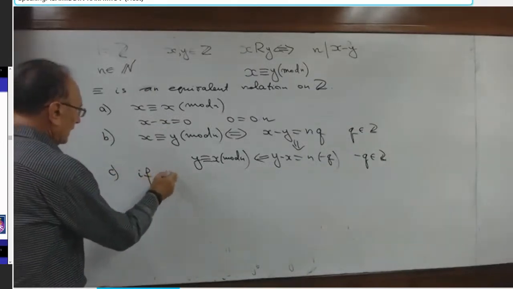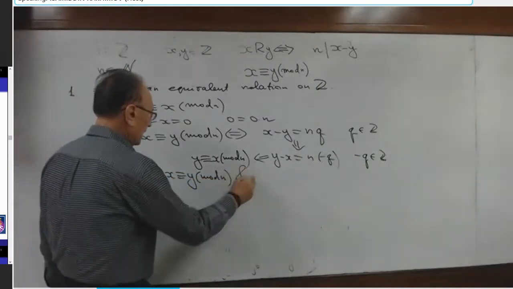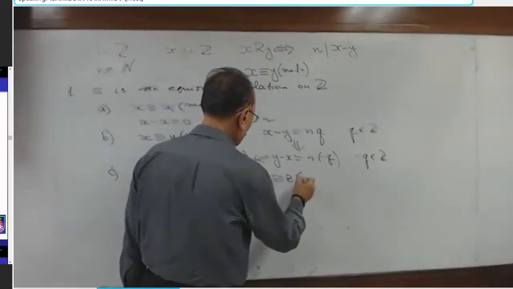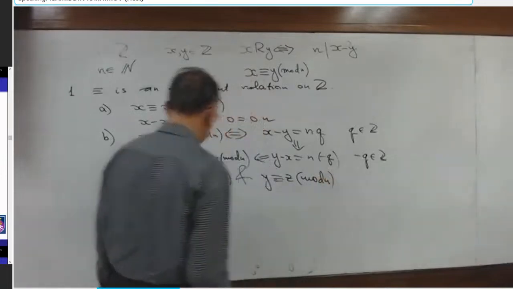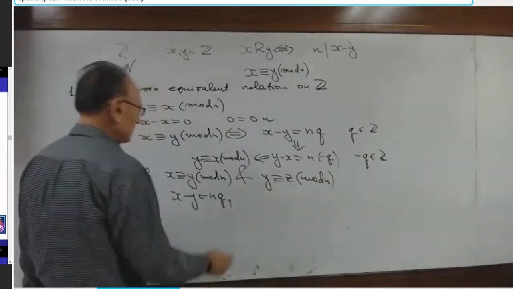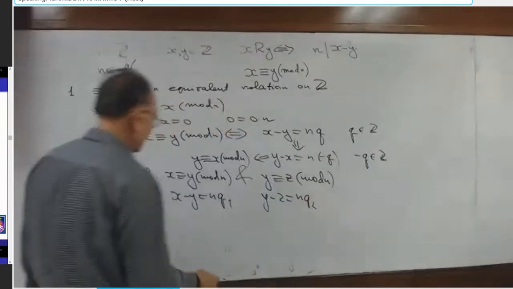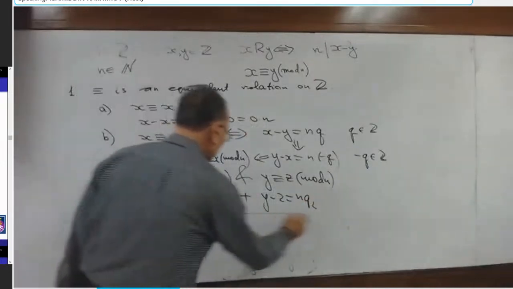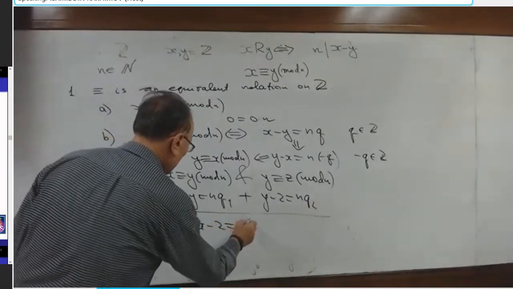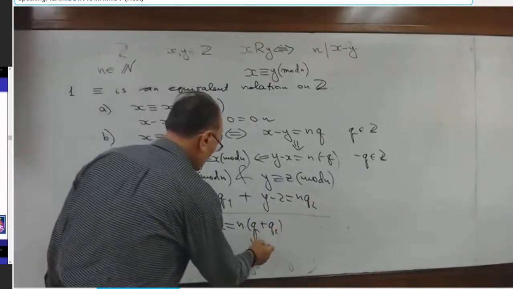If x is congruent to y mod n and y is congruent to z mod n, this means x minus y is nq1, y minus z is nq2. Add up, the result will be x minus z is n times q1 plus q2.